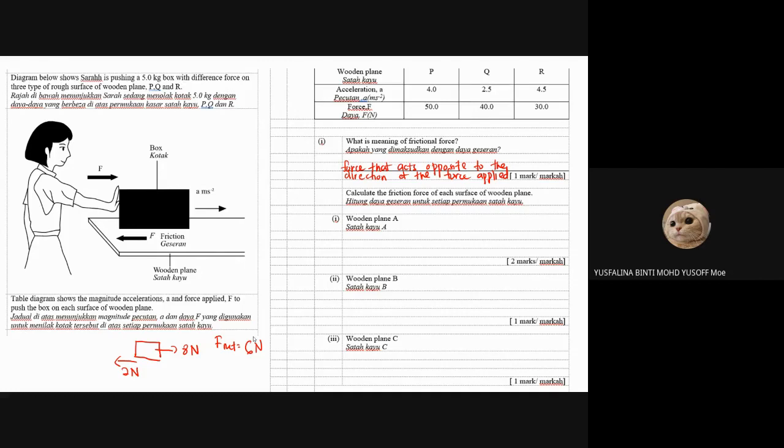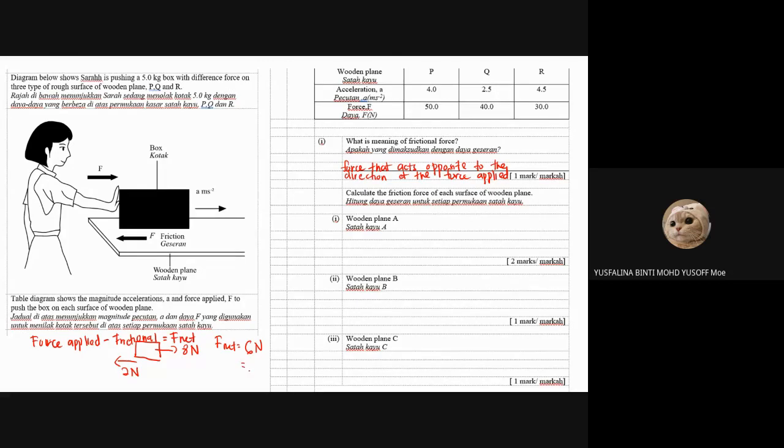So what equation can I get here? The force applied minus frictional force, you will get the F net, the net force. This net force is actually equal to what?